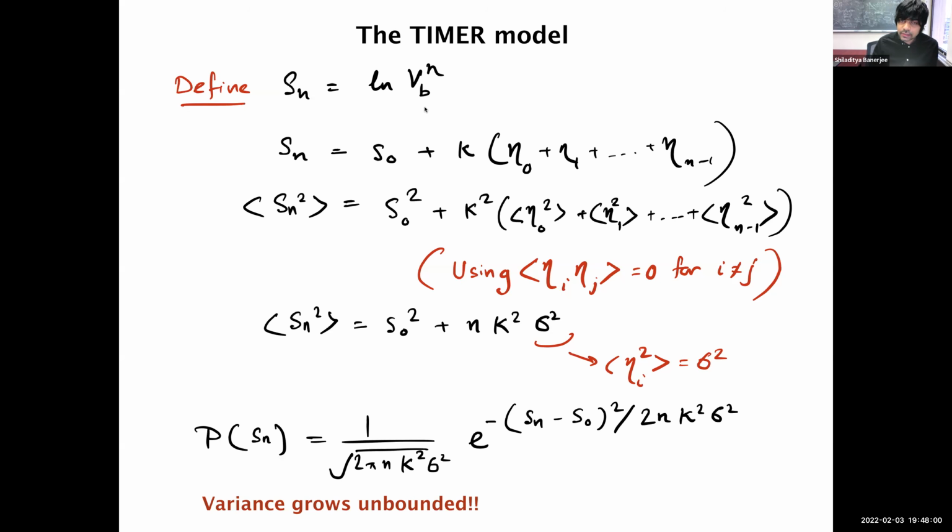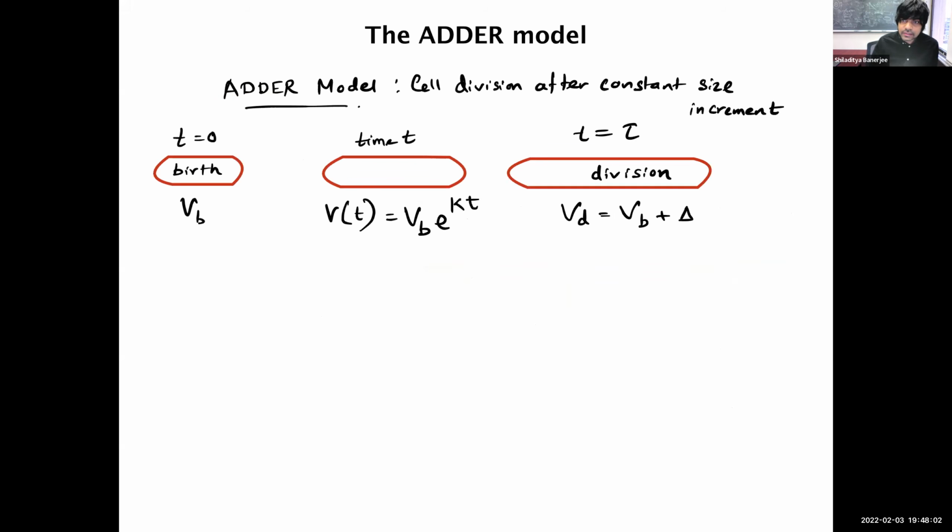A model that works is something called the adder model. This model came up about the time when I was doing my postdoc, around 2014, and then a lot of studies followed. The assumption of the adder model is that the cell divides after you add a constant amount of size.